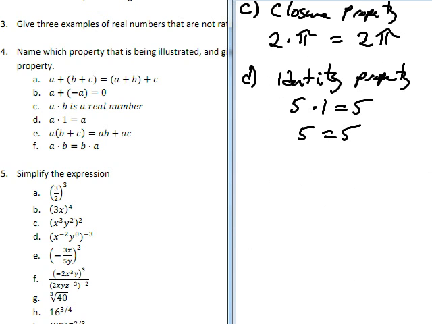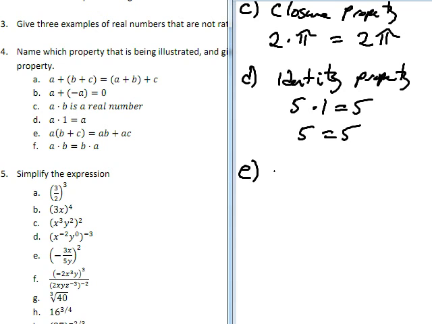So now I come to E. A times (B plus C) is equal to AB plus AC. That's the distributive property because you're distributing A across your bracketed set.